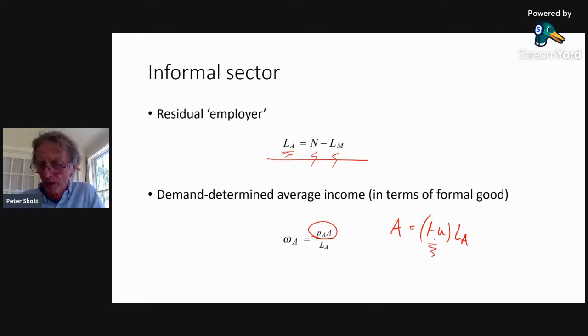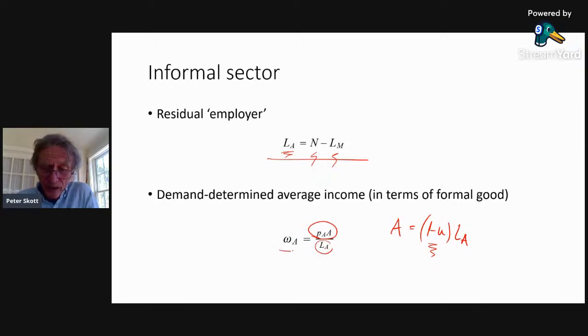So if U is the unemployment rate in the informal sector, 1 minus U is the number of people who are effectively employed, then this would be a production function, and A is now given if we know U and we know LA, and then PA would be determined by the total demand for informal sector goods.